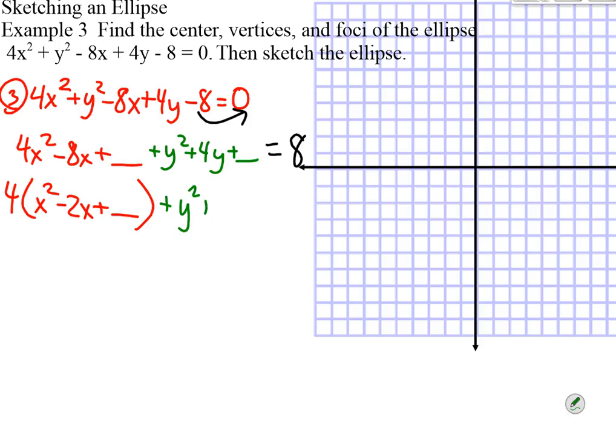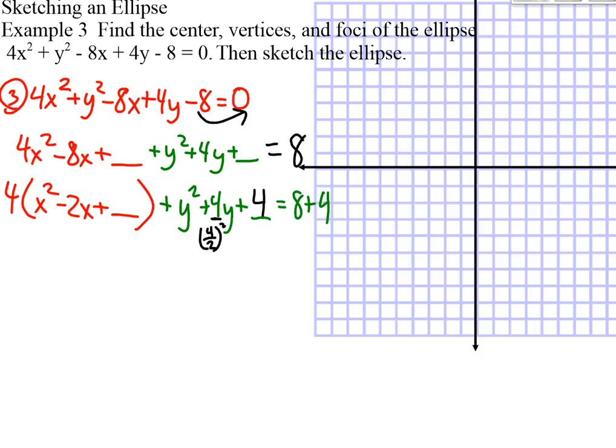So y squared plus 4y plus, and what do I have to add there? To know what I'm going to add, I take this y term, divide it by 2, and then square it. So 4 divided by 2 is 2. Squaring it is 4. So that's what I'm going to add on this side, and to keep things the same I add it over there as well.